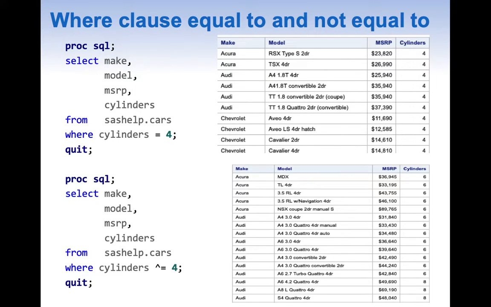If somebody tells me I want to see the data where cylinders equal 4, a simple where clause would be helpful. Or if someone comes and tells me I don't want to see the rows with cylinders equal to 4, then all I need to do is use not equal to, and it will help me get only those rows which do not have cylinders equal to 4.